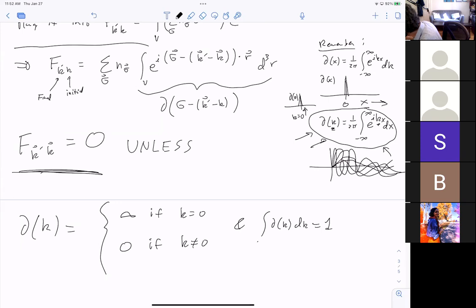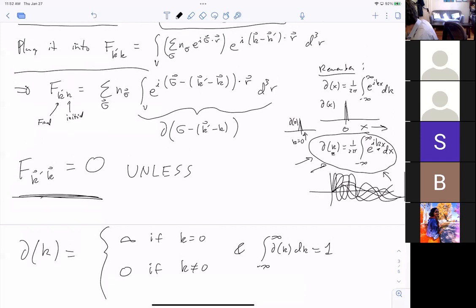It's normalized. So these are the properties of delta functions that you're supposed to know already, that you learned in quantum mechanics and other classes. And so the point I'm making is that this amplitude has a delta function in it.